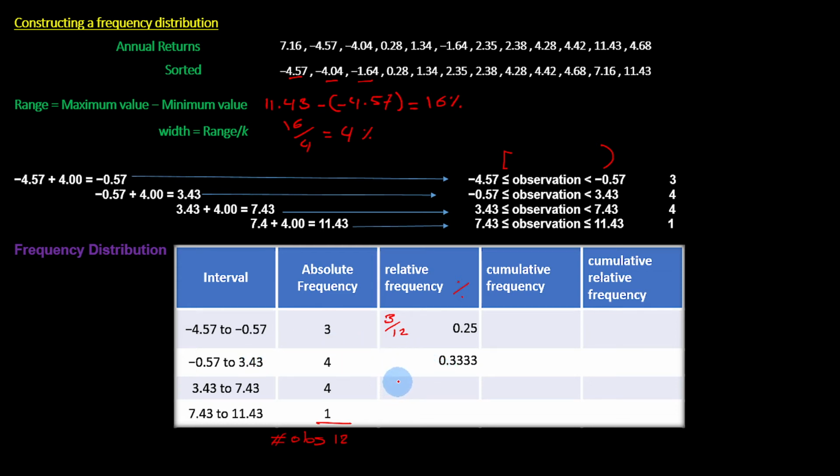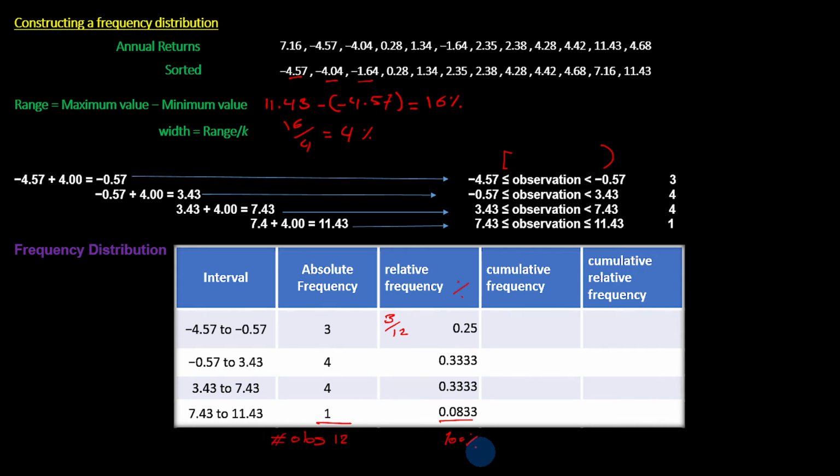The same thing goes for the next interval. And the last interval would be 8.33% of the observations. And again, if we add up all the relative frequencies here, what are we going to get? We're going to get 1, right? And if it's expressed in percentage form, that will be 100% of the observations, right?